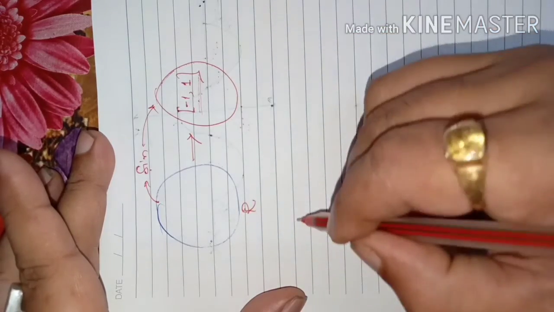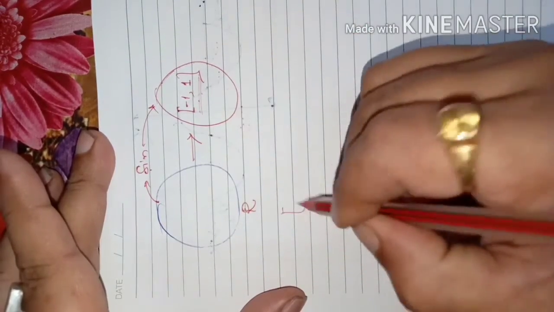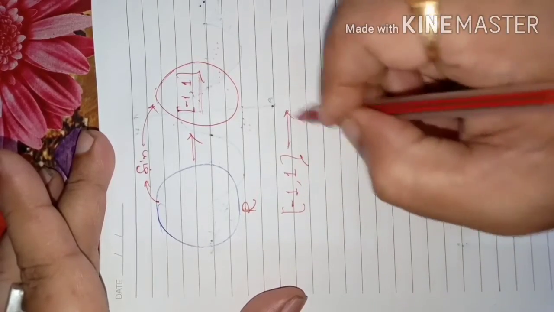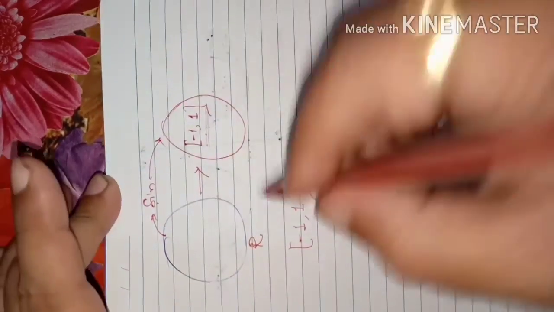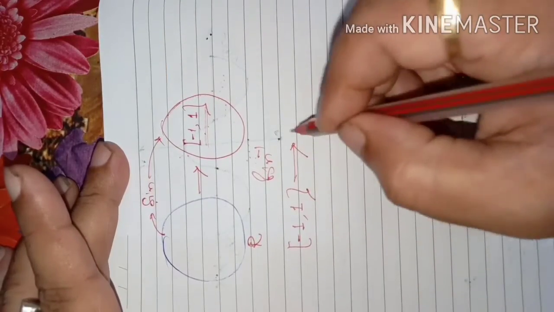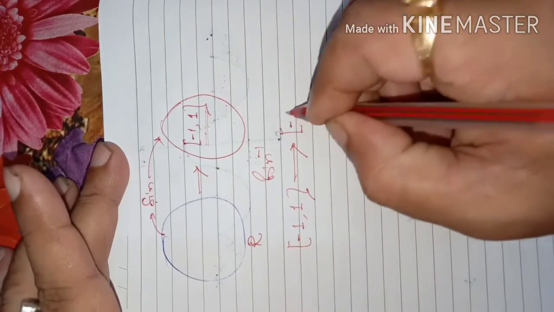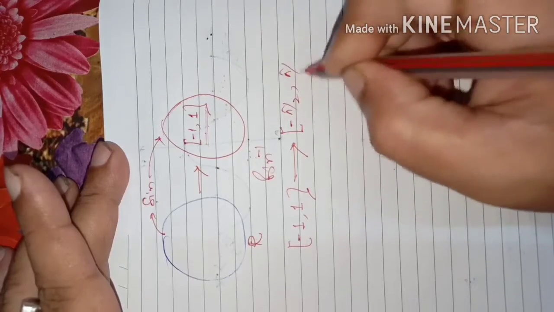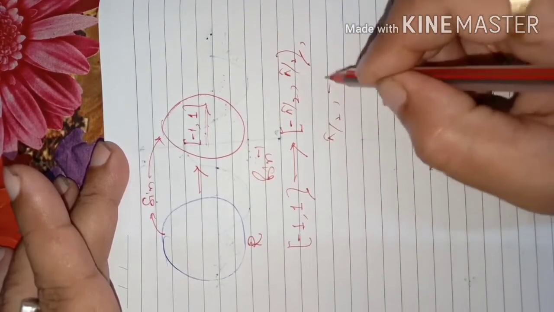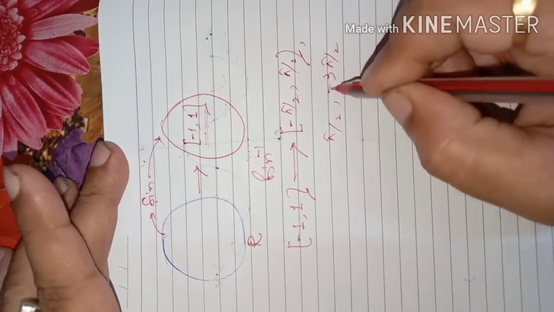It will be like this: this interval, minus 1 to 1, has a sine inverse existing, with values from minus pi by 2 to pi by 2, and then pi by 2 to 3 pi by 2.